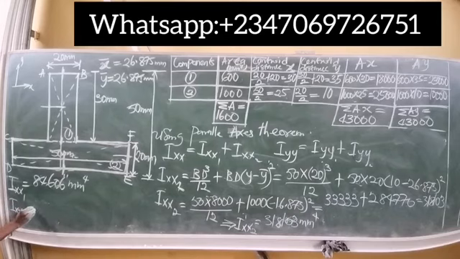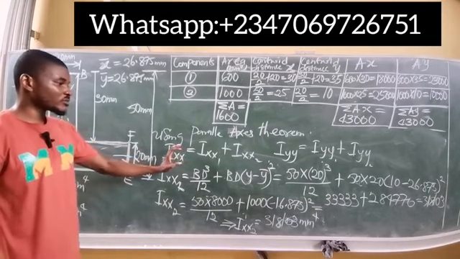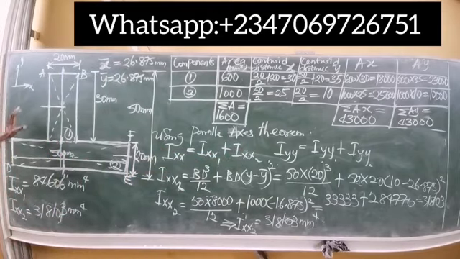Ixx2 equals 318103 millimeter 4. So from the parallel axis theorem, simply sum the two moments of inertia. That gives you the moment of inertia for this composite segment in the x direction. Let's do that now and see.